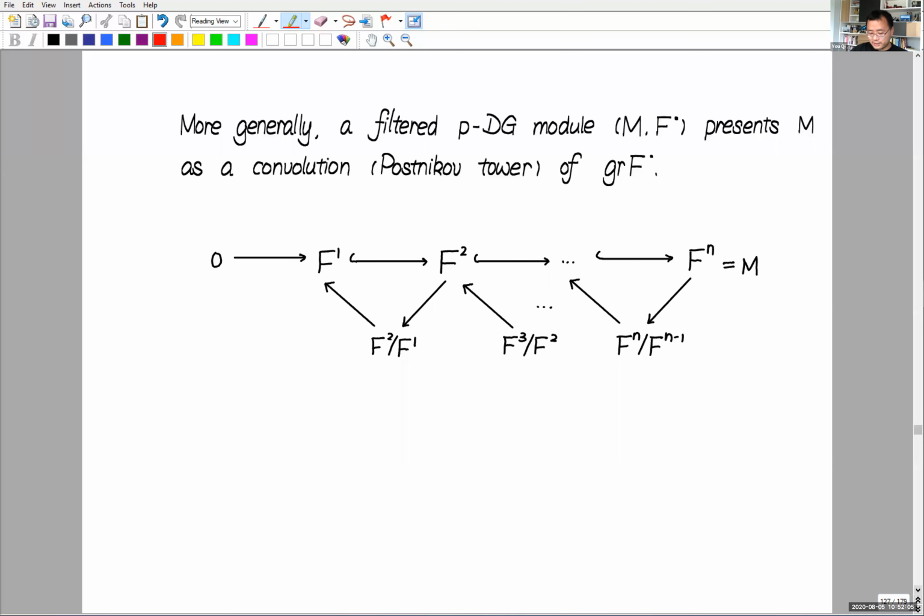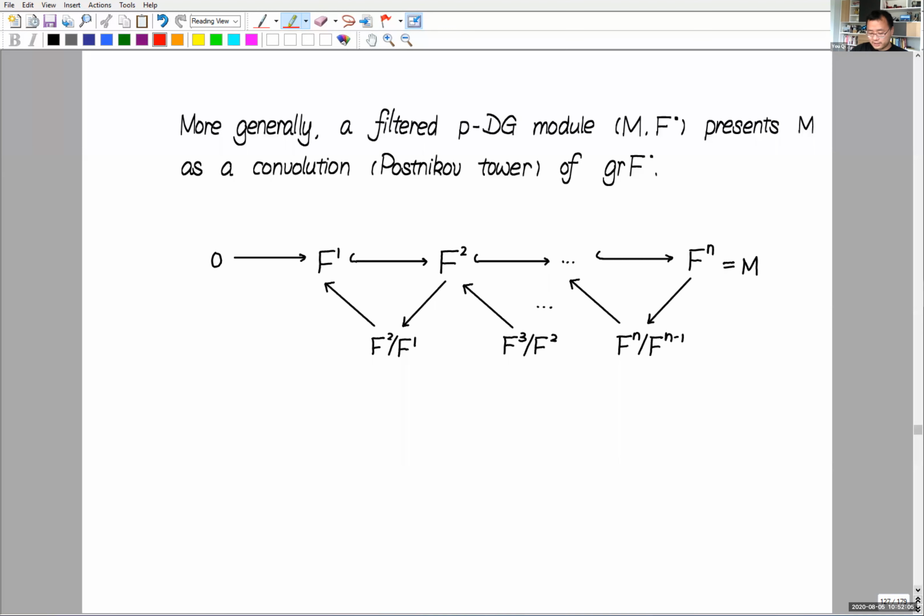So you just want to require that one of these equations is always strictly 0, and the other equation is 0 modulo lower order terms.